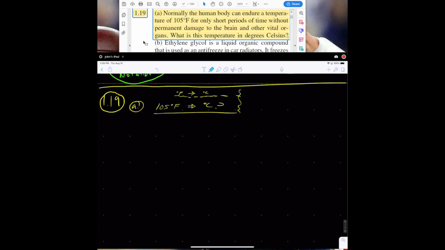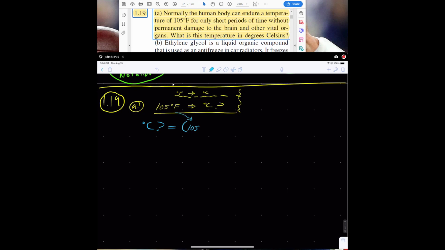You can get out your calculator, but what we want to do is start setting this up as degrees Celsius, that's what we're solving for, is equal to, we'll use a bracket. I have the bracket 105, since that's what they're giving us, right?